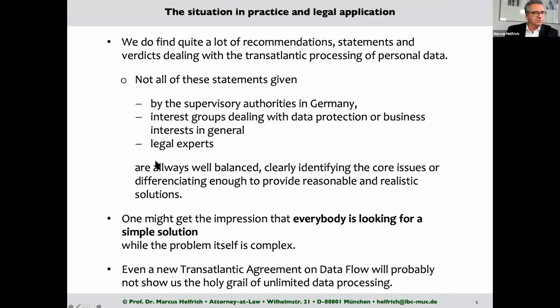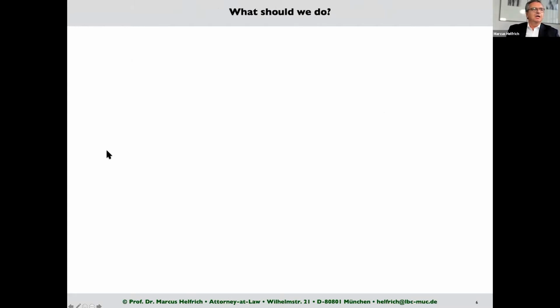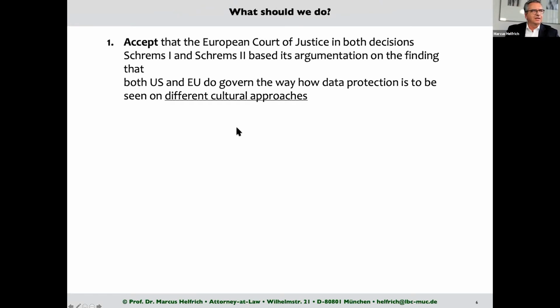So what is the consequence? The consequence might be that even a new transatlantic agreement on data flow should not be seen as the holy grail of international data transfer. We have to have a closer look at such an agreement, and if we put things the other way around, we might learn what we should do.